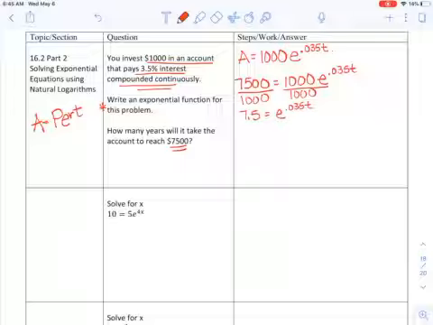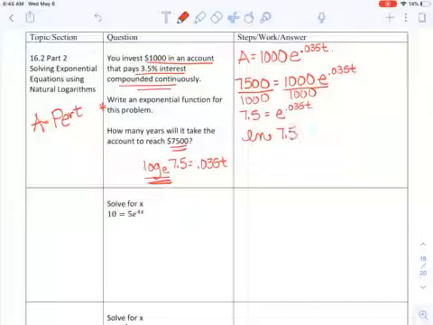And so if I switch it around, log base e of 7.5 equals 0.035t, except we don't write log base e, because if the base is e, we use ln for natural log. So the natural log of 7.5 equals 0.035t.